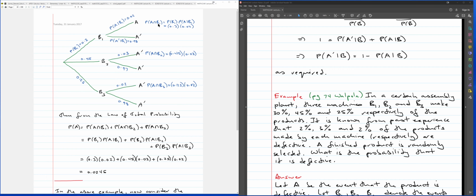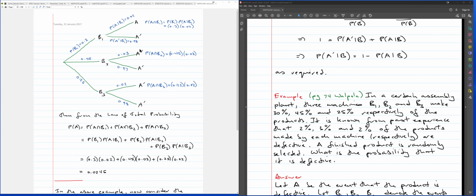By the product rule, the probability of A intersect B1 is the probability of B1 times the probability of A given B1. In other words, it's the product of the probabilities on these edges over here: you take the probability on this first edge and then your second edge here.